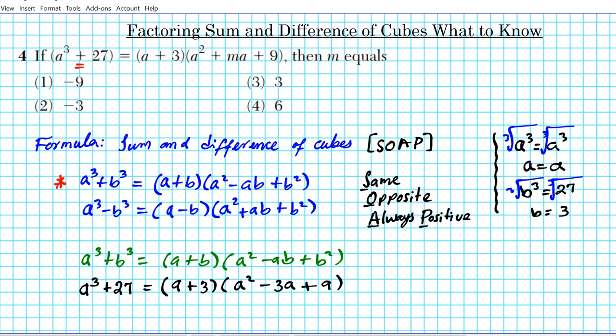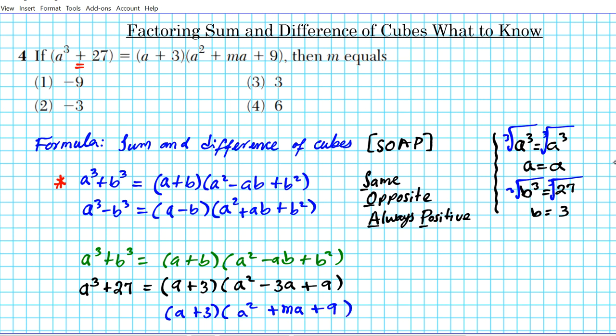Okay. Now what we're going to do is write down what we're asked to find. Let's put it underneath here. So we're given in this particular problem a plus 3, check, check. A squared, check, plus ma plus 9.